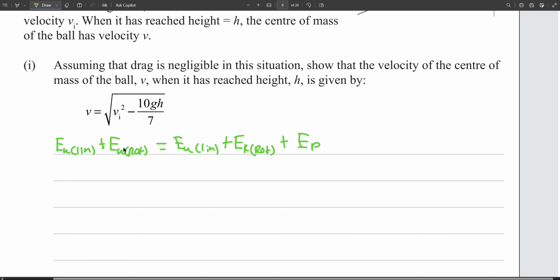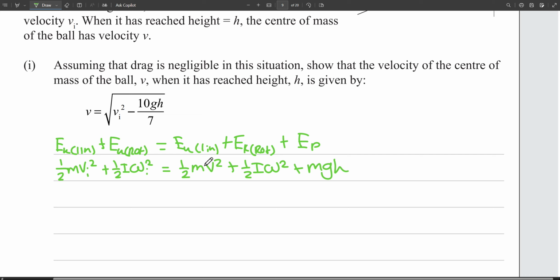So now let's put this into equation terms, which should be a bit easier to understand. We're going to have half m vi squared plus half I omega i squared equal to half m v squared plus half I omega squared plus mgh, or they use lowercase h.